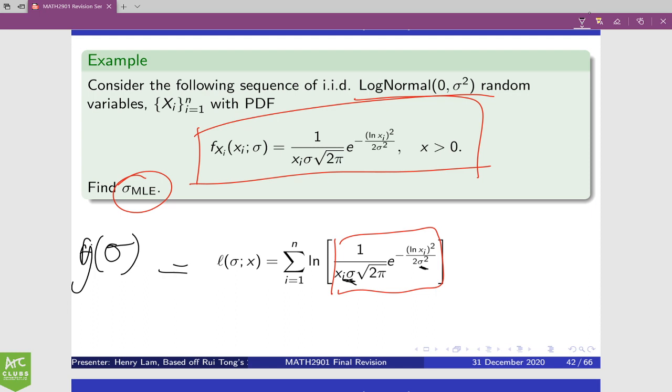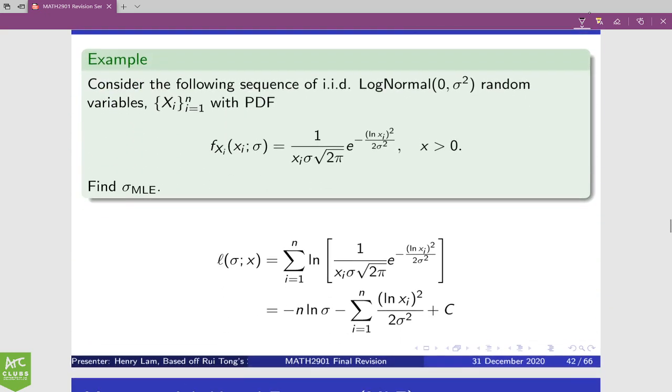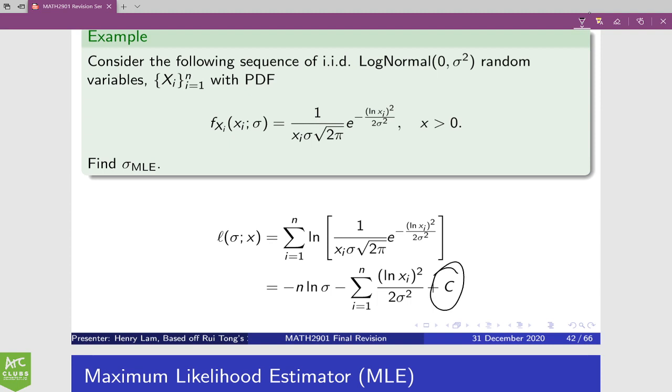So since it's a constant and we're talking about maximization, you can pretty much ignore it. The way we do that is by shoving all those things into a constant term. The reason why this works: if you were to use the log function, log of 1 over x sigma square root 2 pi will just be equal to negative ln sigma minus ln x root 2 pi.